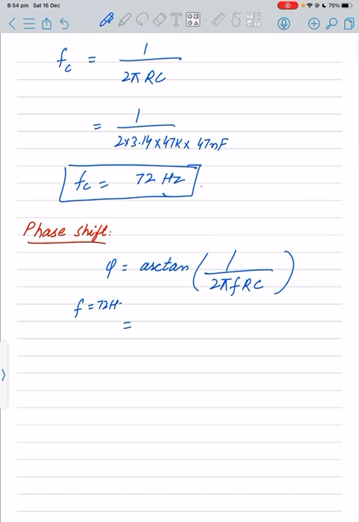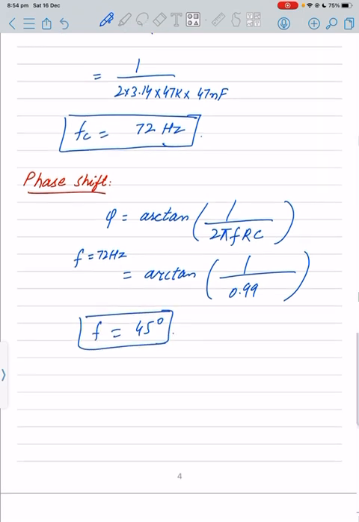When you solve it, you will get arc tangent of a value that comes around 0.99. This arc tangent, or tangent inverse, of 1 is approximately 45 degrees.